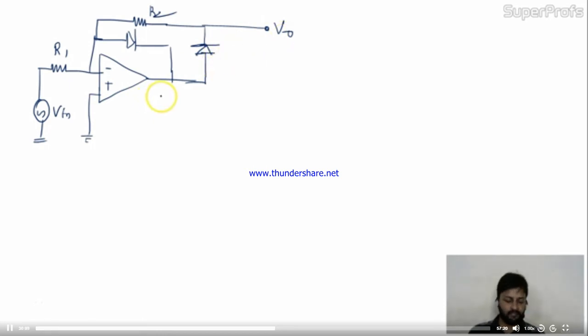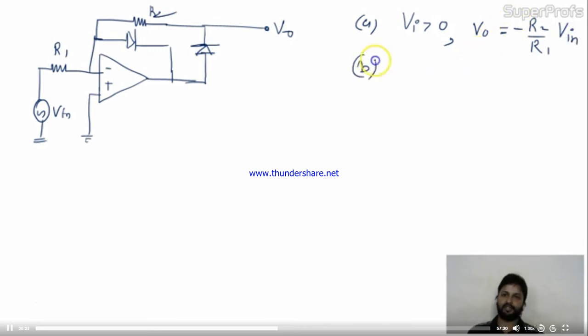This is the circuit given. Now refer to the figure shown below. You have four options. Option A: when Vi greater than 0, the output will be minus R2 by R1 of V in. The second option: when Vi greater than 0, V0 is 0.